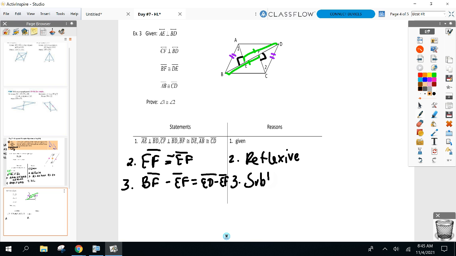Subtraction. What always comes after subtraction? Okay, now we can say BE congruent to FD. Substitution.